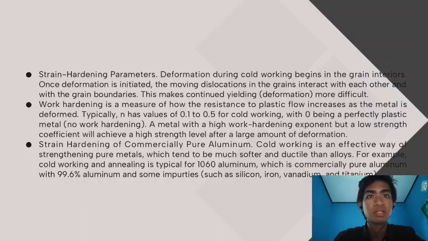Standardized temper designations are used to indicate the condition of aluminum and aluminum alloys. Temper O is the soft condition. The H1 is a temper prefix that applies to products that are only strain hardened to obtain the desired strength without supplementary thermal treatment.